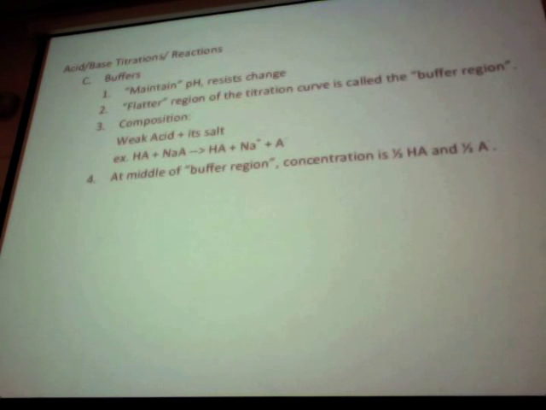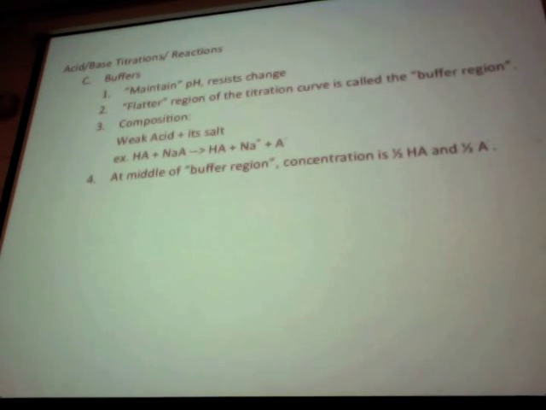Now, this is pH, and this is still in solution. It turns out that this region is the buffer region. Notice the definition: maintain a pH, so resist change. This is what happens here.